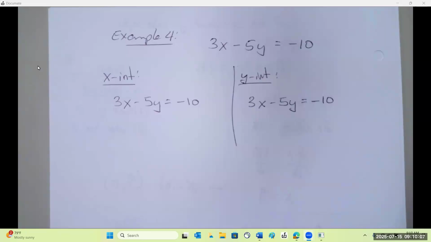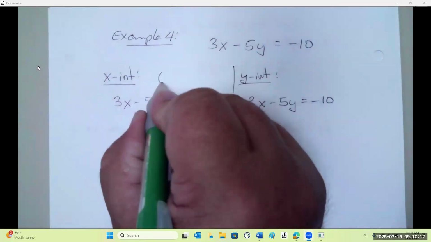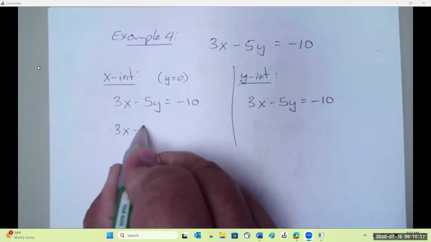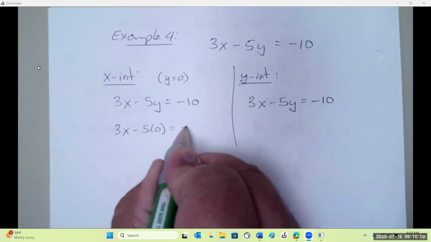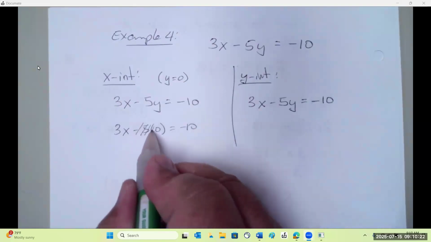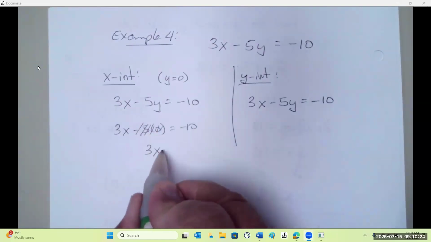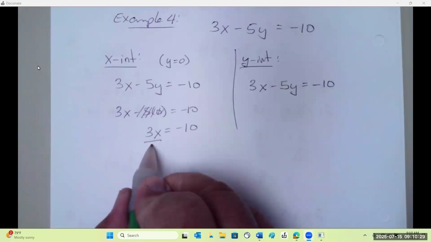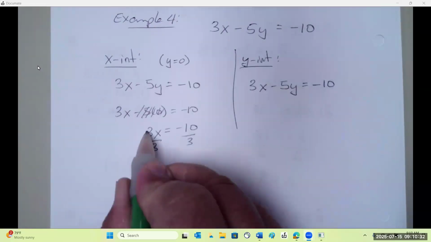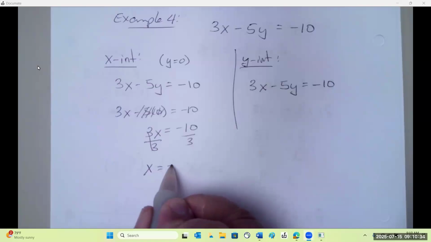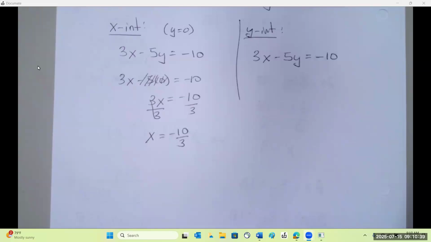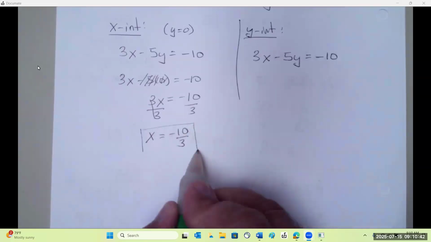So to find my x-intercept, what do I have to do? Set y equal to 0. So that's gone. So that's my x-intercept.